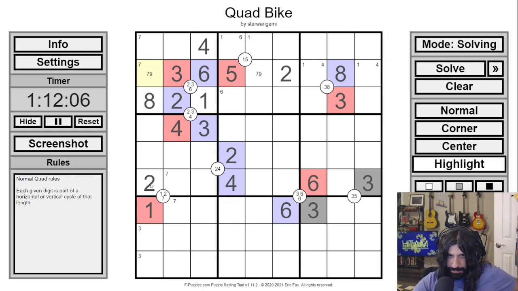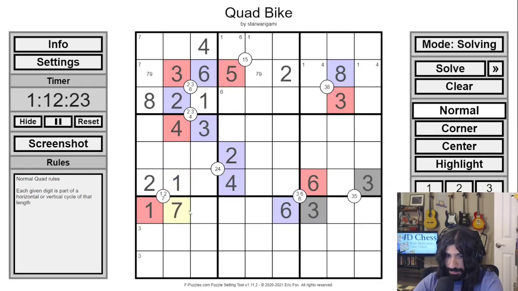Wait. This can't be a vertical 2 cycle, because it would have to be pointed at by this as a 6, and we know that this isn't a 6, so it has to be horizontal, so this has to be a 1 as well. I guess I answered my own question. So that's a way that we can get the 7.